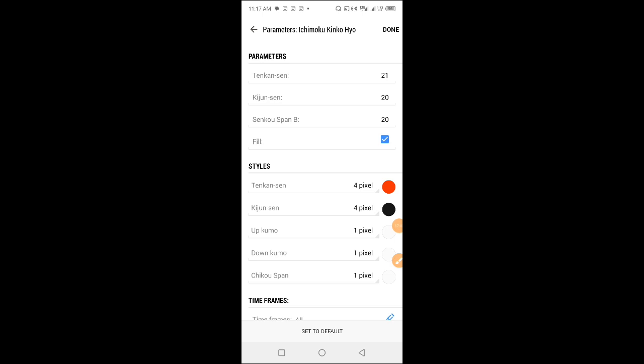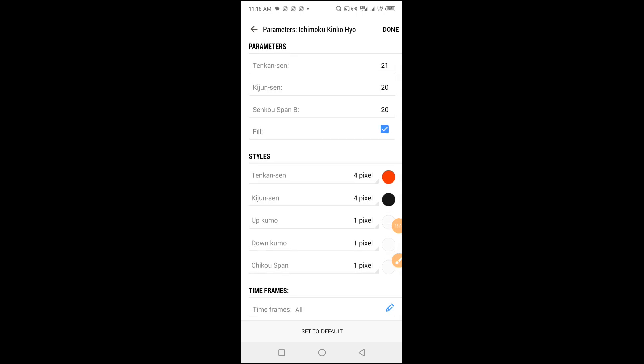That means it shows momentum when price has high momentum. That is why it is being added with MACD in window 2. Window 1. So you see it. Others, up Kumo, down Kumo, Chikou span, all are 1 pixel, background color. Is that clear?